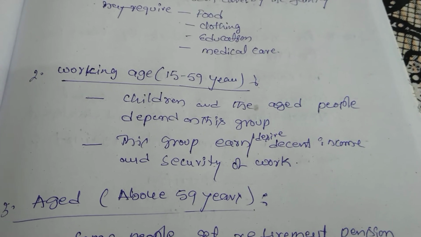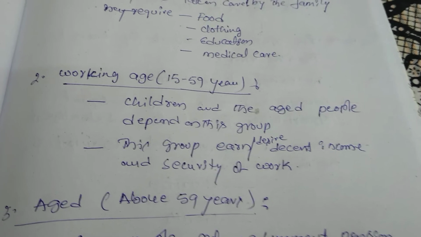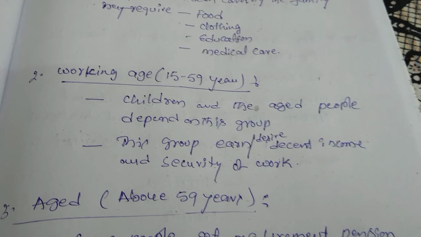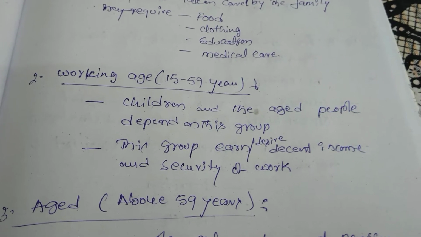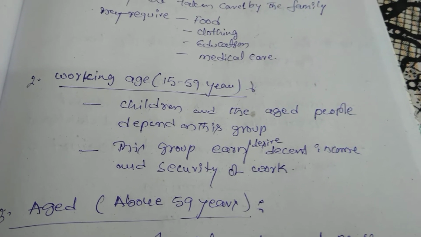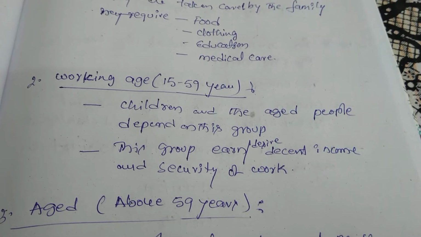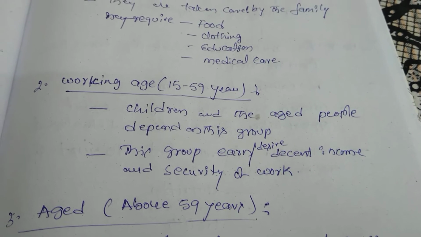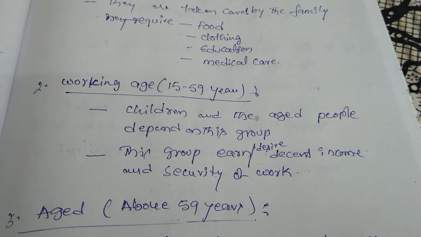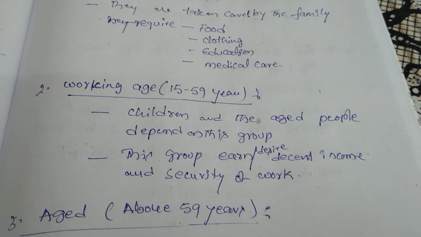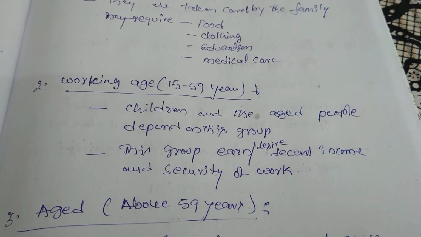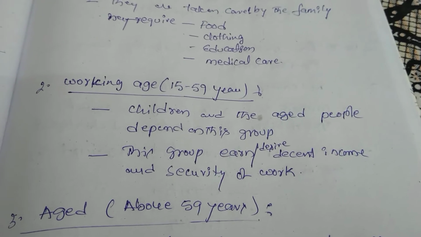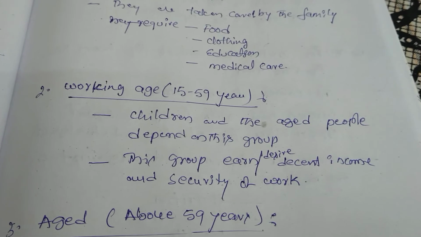This group earns money and desires decent income and security of work. The working age people always desire decent income, to provide facilities to their family for development, and security of work also.